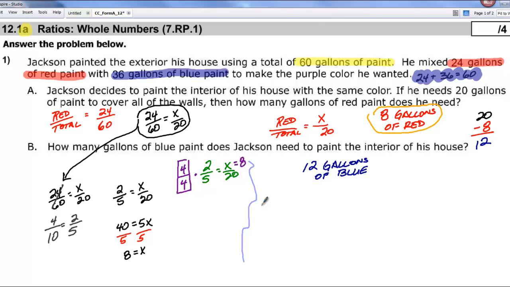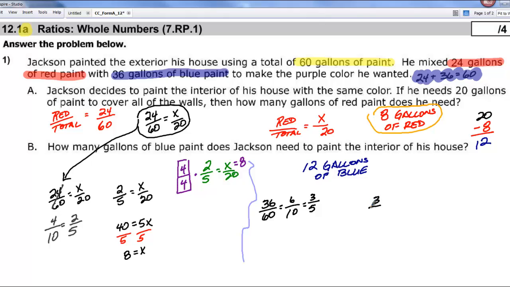And we could solve that if we wanted to go back and use the same ratio idea. Remember, our ratio of blue paint was 36 to 60. If we think about simplifying that, 36 divided by 6 is 6. 60 divided by 6 is 10. We can divide one more time. 6 divided by 2 is 3. 10 divided by 2 is 5. This makes sense because we've got 3 to 5 and 2 to 5 in the red, and that totals 5 to 5.